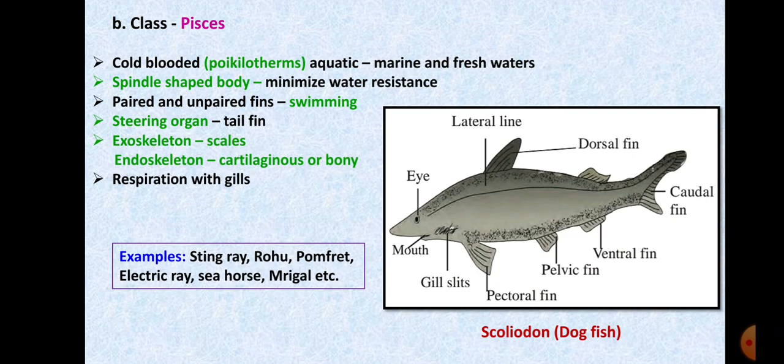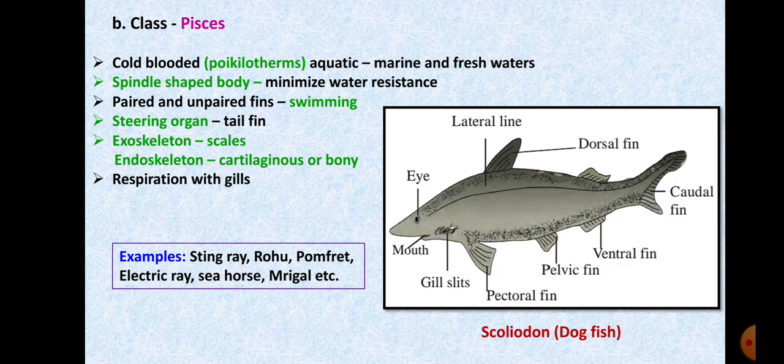The exoskeleton, okay, the outer skeleton of the fishes is scaly. Sometimes it is soft, sometimes it is scaly. Now many of you might be having fishes at home, okay, in your lunch or dinner. That time you might have observed, or next time you can observe how is the exoskeleton, the outer skeleton of the fish that you have got from the market.